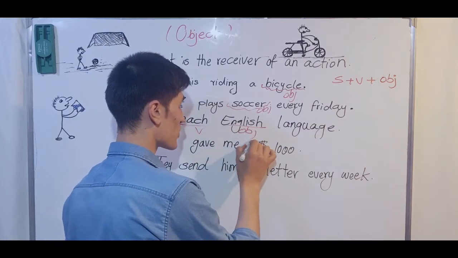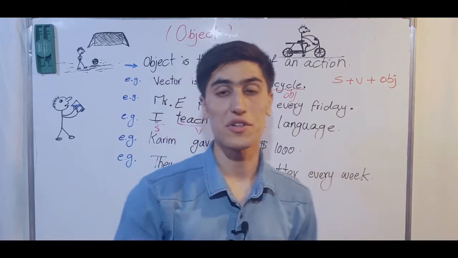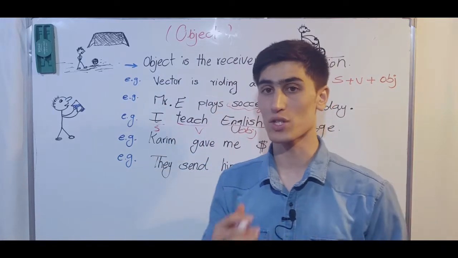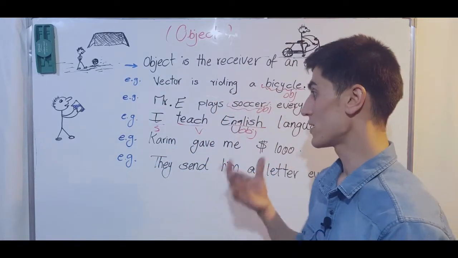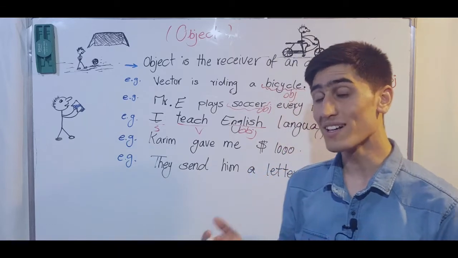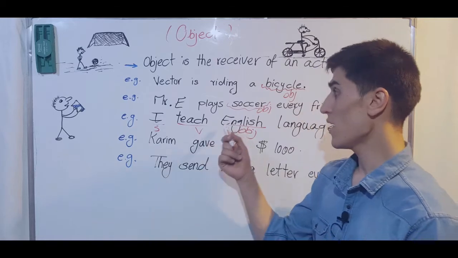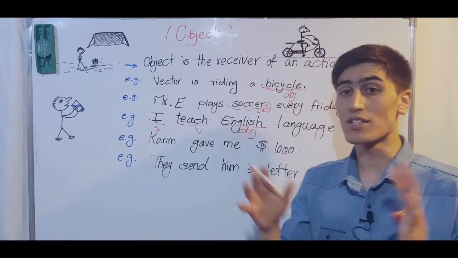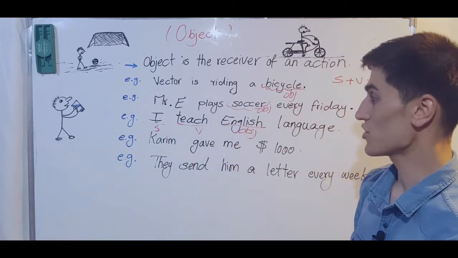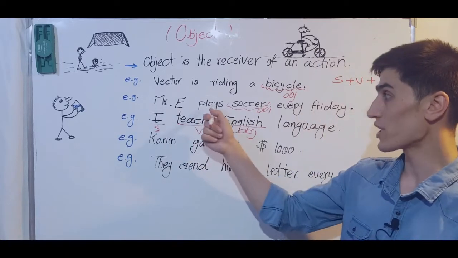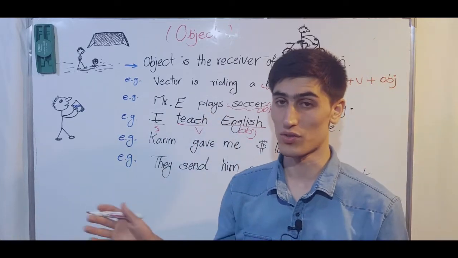So a very easy trick to find the object is to ask this question: what receives the action, or what is this action done to? I teach English. What do I teach? I teach English. So English is the object. What does Mr. E play? Plays soccer. So soccer is the object.